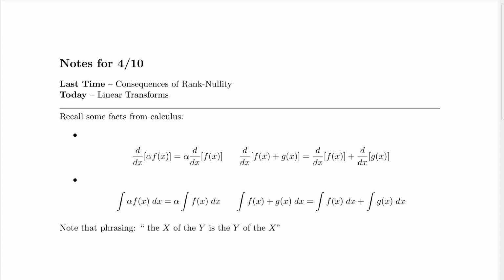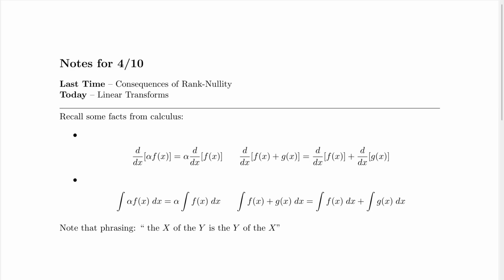Okay. And also recall from this class that we also have encountered this happening where scaled and sums behave nicely.